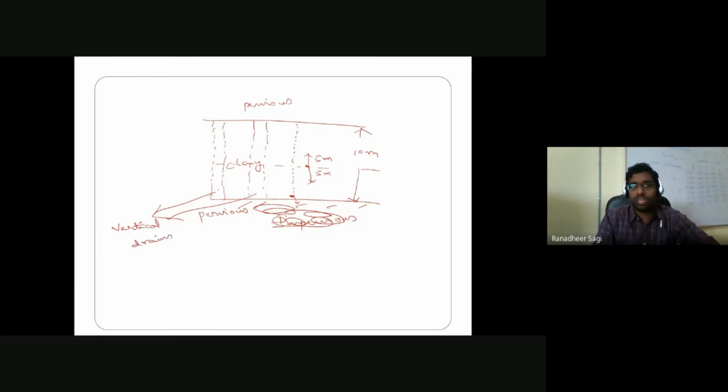Most of the time, for the construction of these vertical drains, we make boreholes into the ground, and we fill the hole created there after removing the soil, either with gravel particles or by placing sandy soil into that borehole. We call these vertical drains otherwise sand drains.